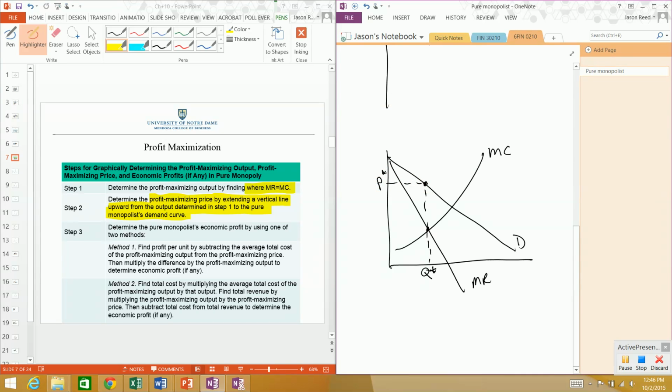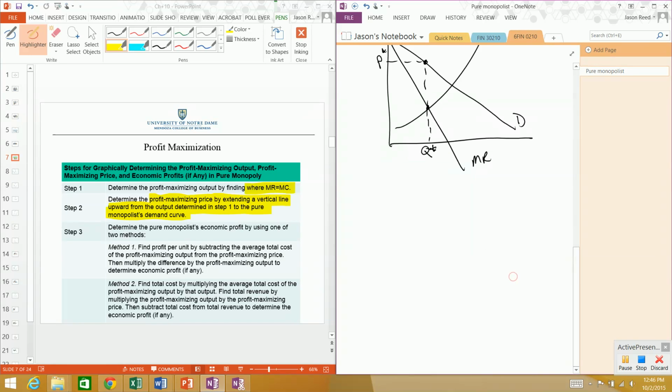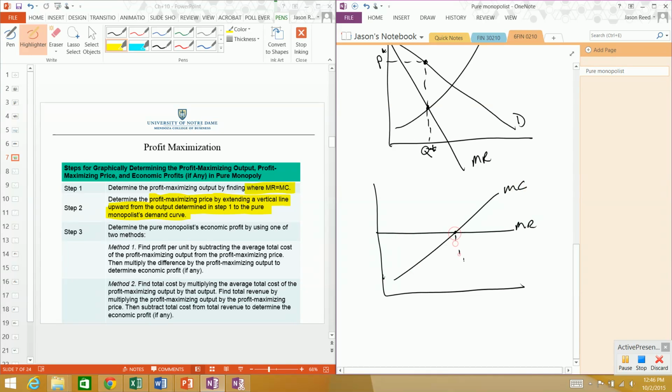And that's very different from what we understood in a perfectly competitive market, right? Because if we're comparing here, our perfectly competitive market saw something like this. So if we had marginal revenue, marginal cost, this tended to be the quantity that we would see in equilibrium, and price was already set for us.